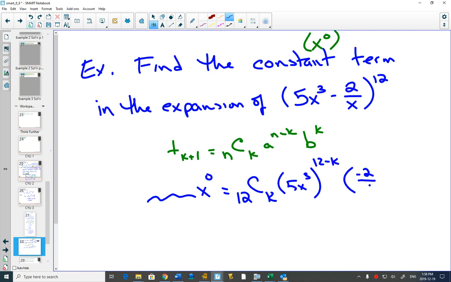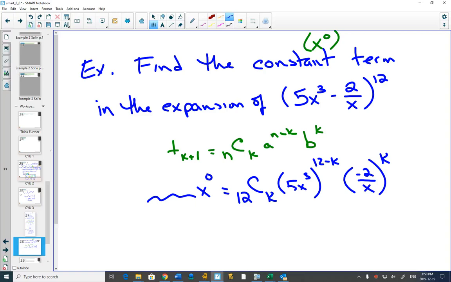B is negative 2 over x, to the k. So this question is just a tiny bit harder because you have to know the terminology that constant term means x to the 0. Once you know that, it's identical to the one we just did.